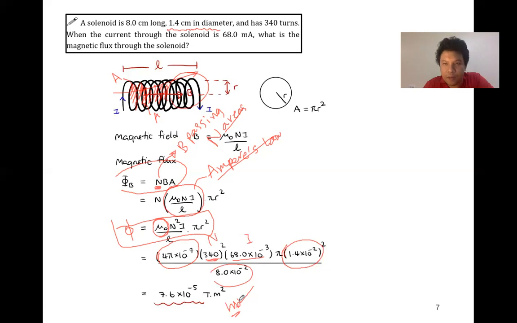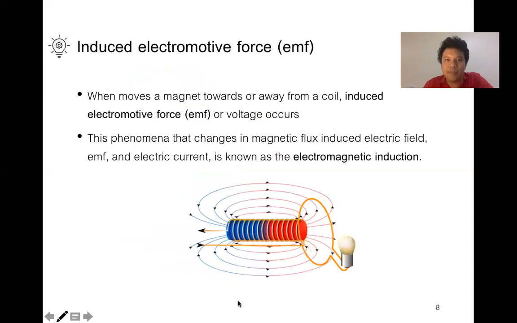We are going to revise this example again in the example class.